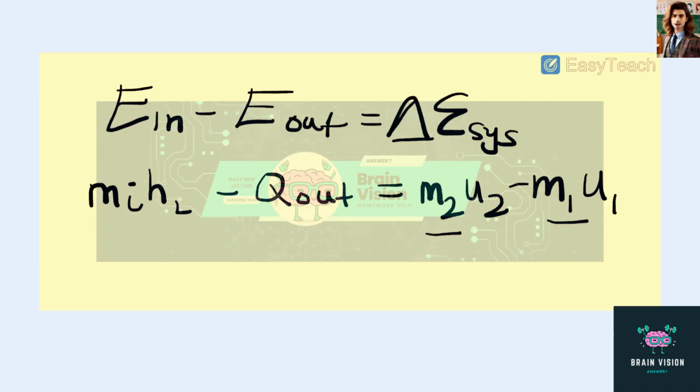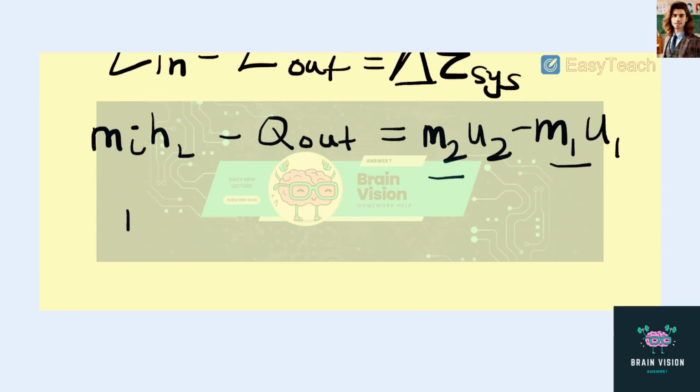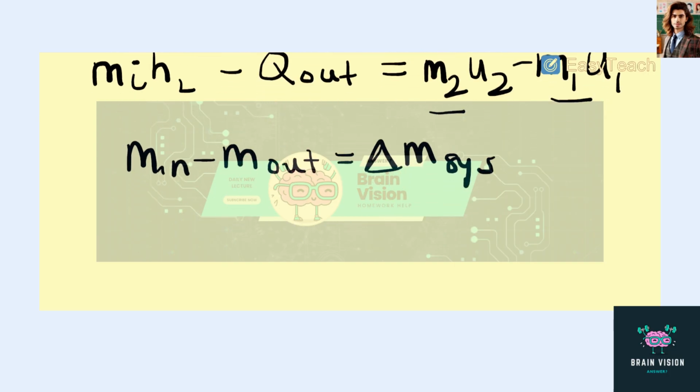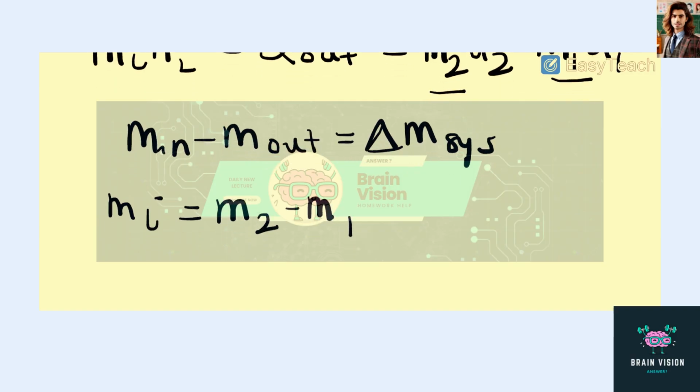So the mass balance could also be defined as the mass in minus the mass that leaves is equal to the change in the mass of the system. And we know that the mass entering is going to be equal to the mass at the end minus the mass at the beginning.